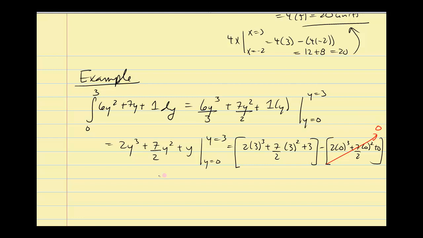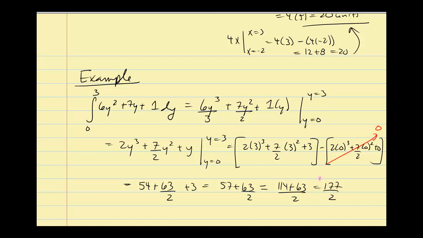And then for my upper piece, it looks like I have 3 cubed is 27 times 2 is 54, plus 3 squared is 9, 9 times 7 is 63 over 2 plus 3. So this is 57 plus 63 halves. Finding a common denominator, I have 114 plus 63 all over 2. And of course, adding those together, I get 177 over 2.